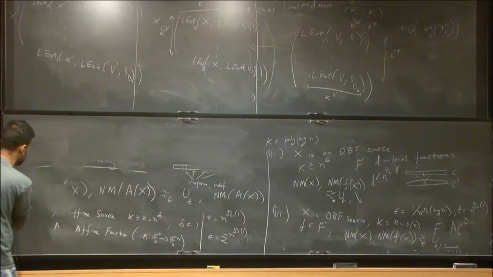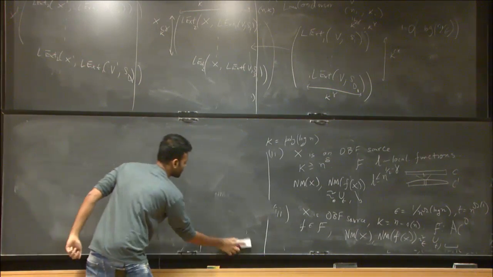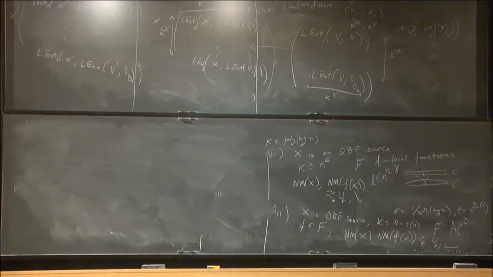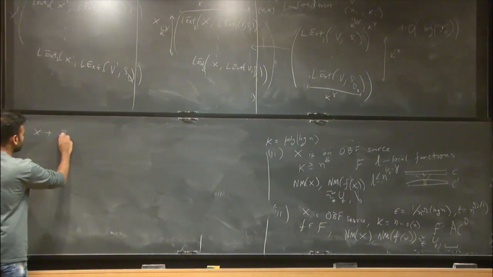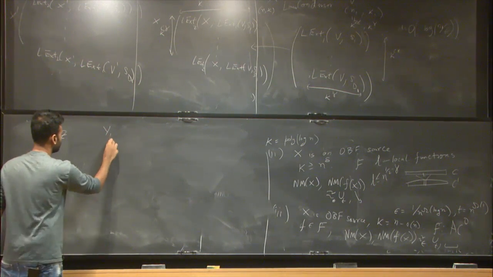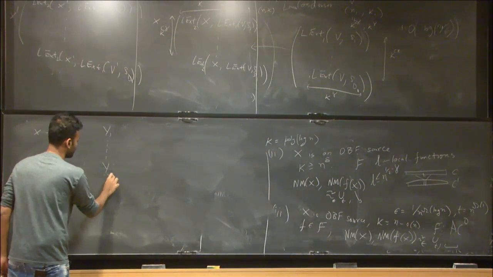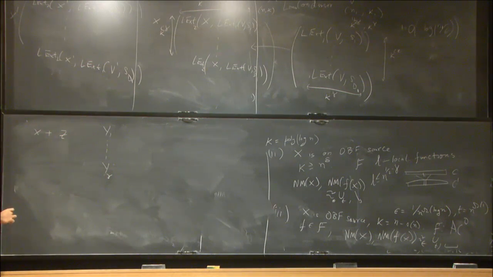So the cleanest way to state this: consider a much simpler setting where you have two sources like this, and you have y1 through yr. I'm reusing some random variables, but it does not mean the same thing. What you know is that x is an n comma k source, need not be affine, just an n comma k source.